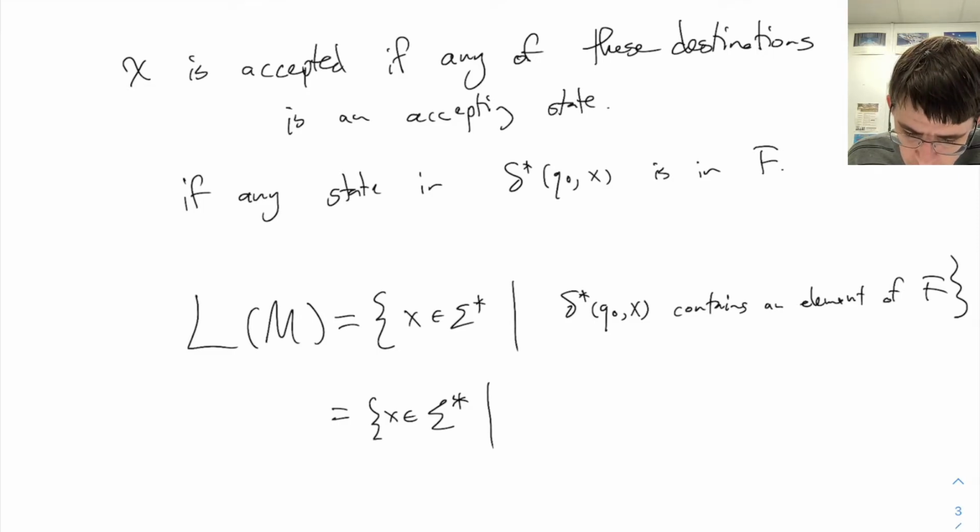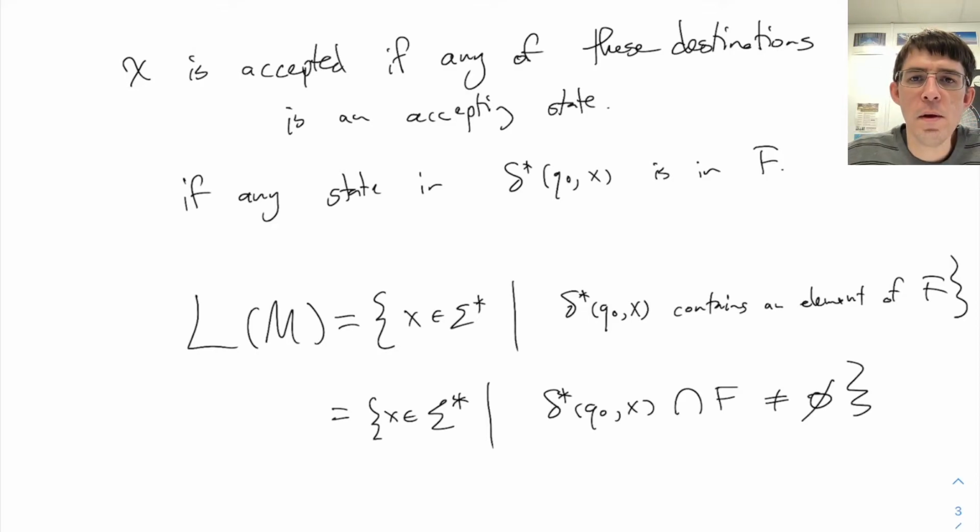You can write it this way: delta star Q0 X intersect F is not the empty set. That means there is some element of this set, this intersection does contain something, and that something must be a state in here which is also part of F. So saying this contains an element of F is equivalent to saying that thing intersect F is not the empty set.